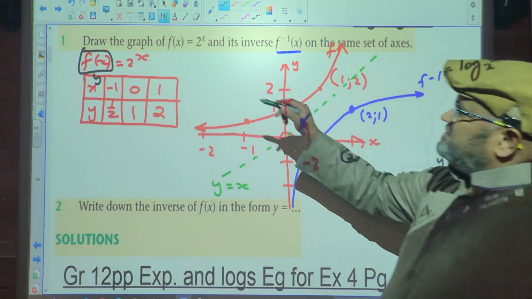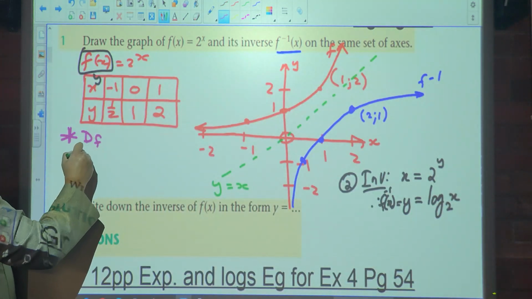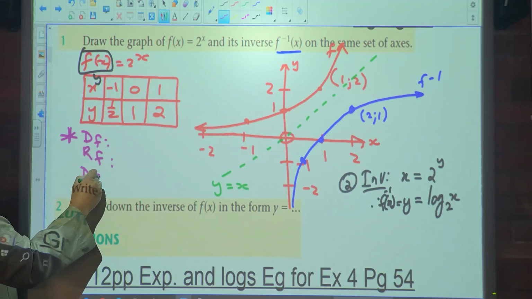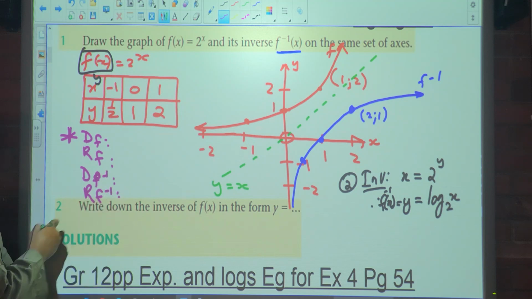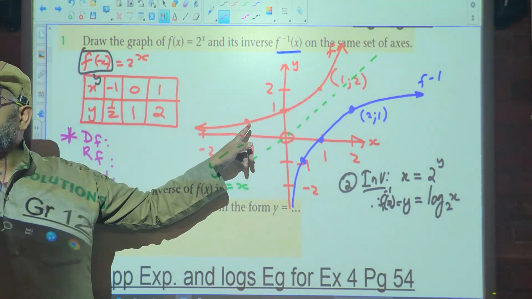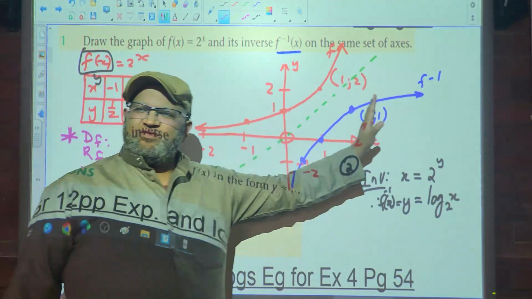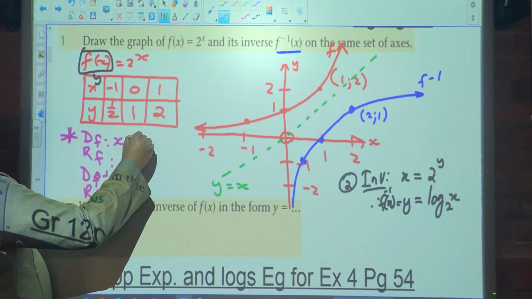This wasn't asked, but let's answer the domain of f and the range of f. The f graph is the graph in red, not so? The original graph goes to negative infinity and positive infinity, so the domain is x is an element of all real numbers.